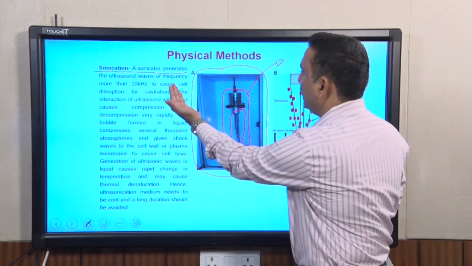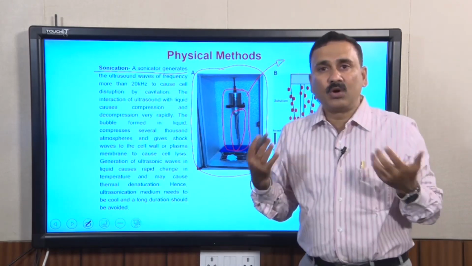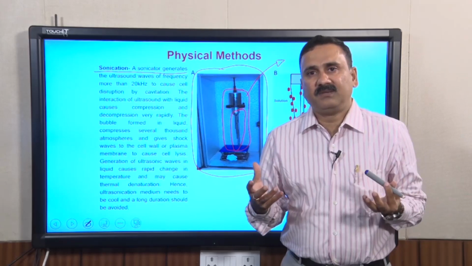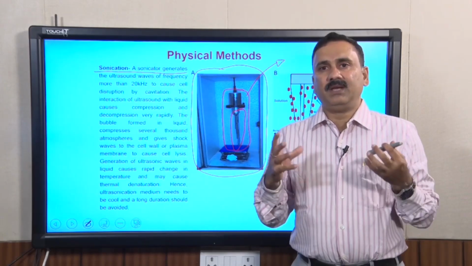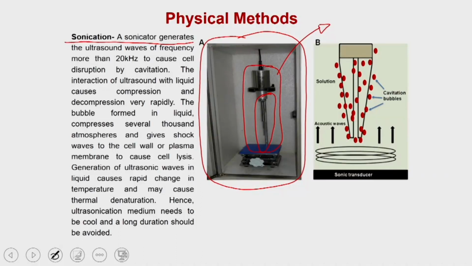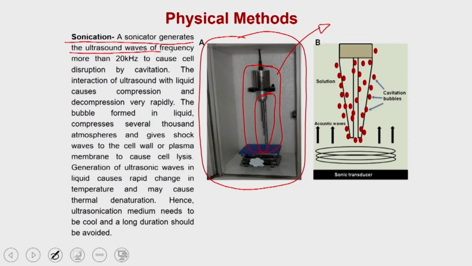This chamber has a lid from outside so that you can close it, because the sonic waves are not good for human beings. That is why it is always advisable to put cotton plugs in your ears before you do the sonications.